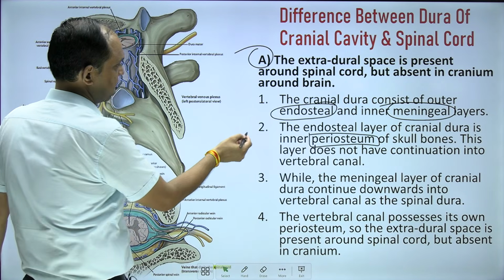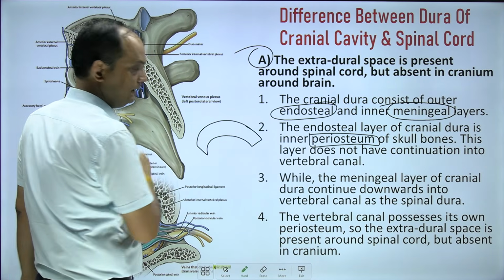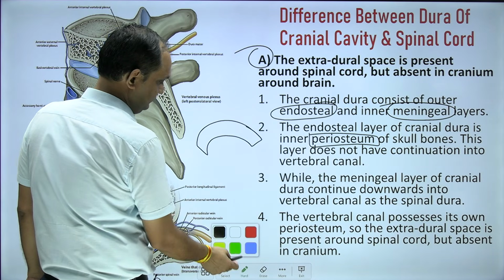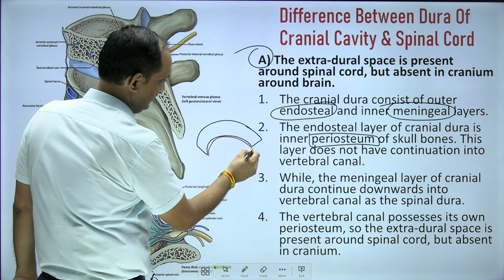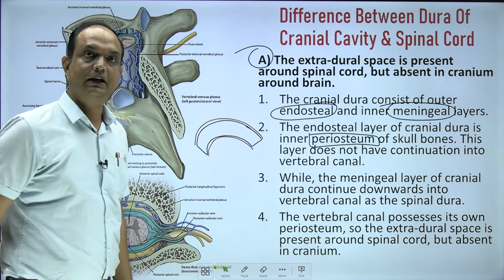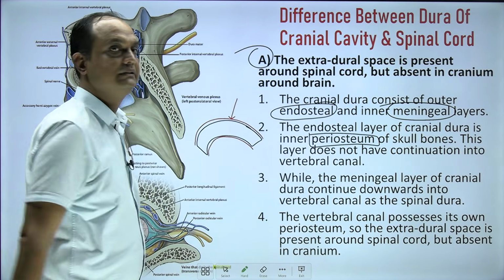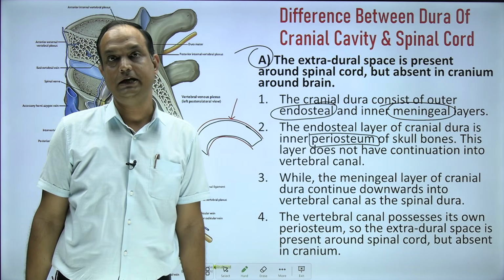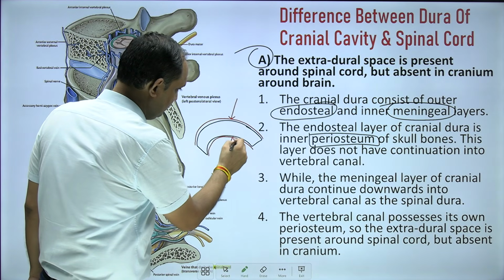Suppose this is your bone of the cranium. This bone has an inner periosteum and an outer periosteum. My dear students, the outer periosteum is the fifth layer of the scalp, which is known as the pericranium.